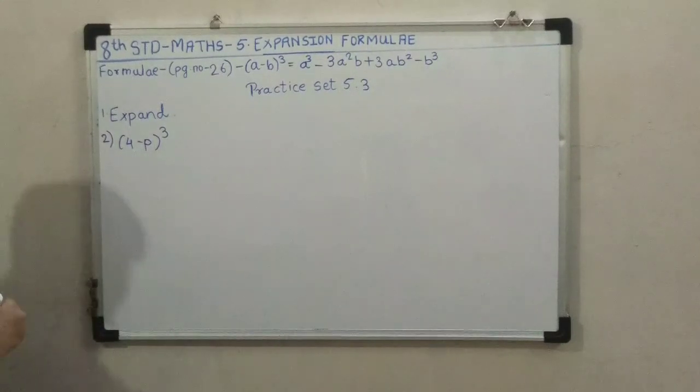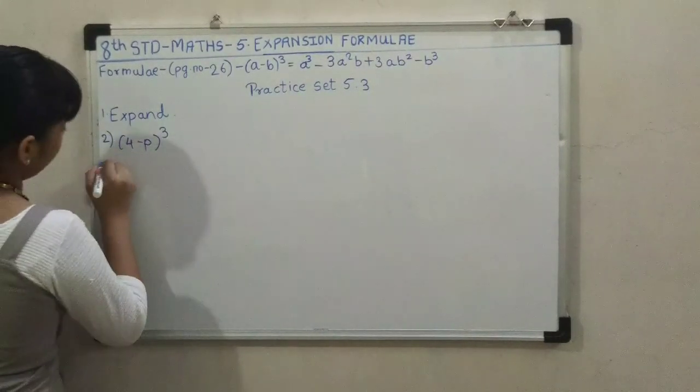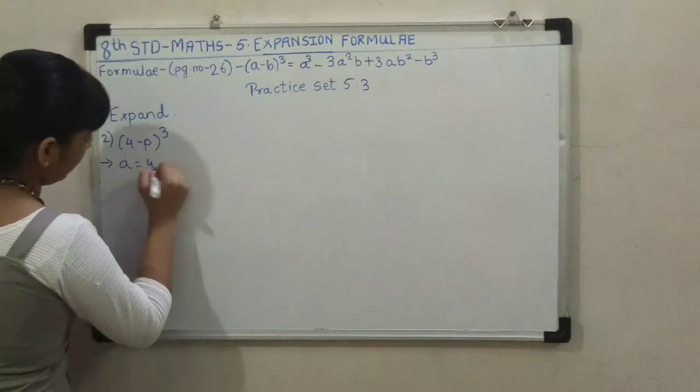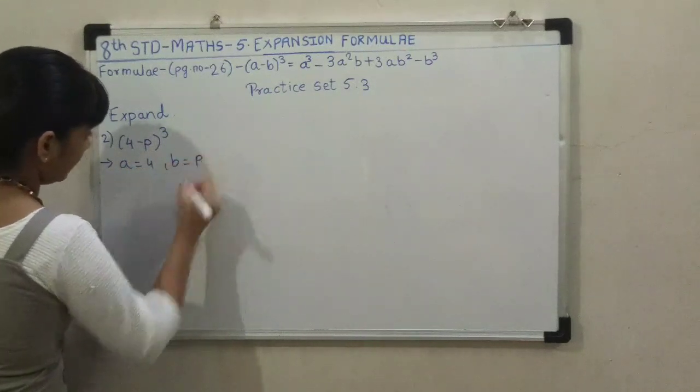The second sum is (4 − p)³. Here a is 4 and b is p.